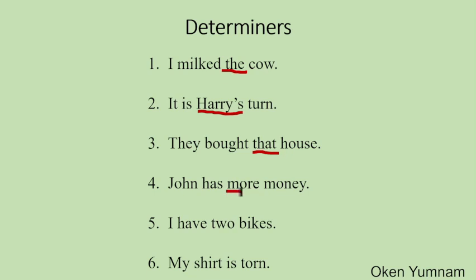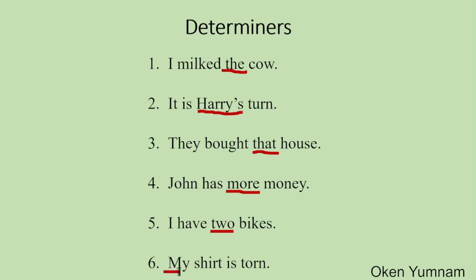John has more money. Here, more comes before a noun and more is a determiner. From here we see that all quantities can act as determiners. And number five, I have two bikes. Two is a determiner. From here we see that all numbers can be determiners. Even if I have 100 bikes, that 100 is also a determiner.